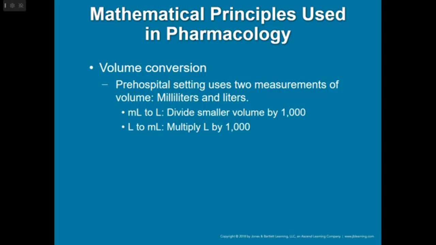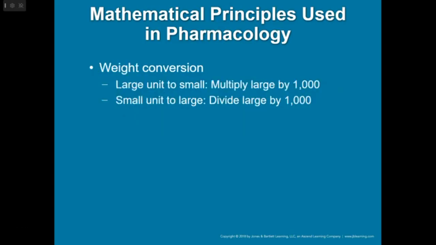If you're converting liters to milliliters, multiply the liters by 1,000. So if you've got that big bag of normal saline, it's 1,000 milliliters. It's also equal to 1 liter. 33.8 ounces, I think. But in EMS, all the medicals, we use milliliters and liters.